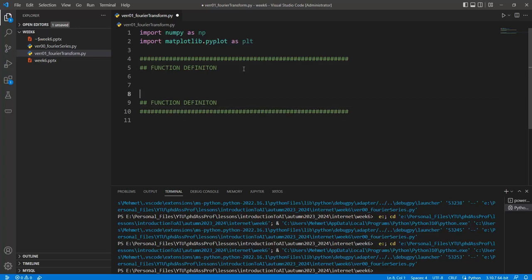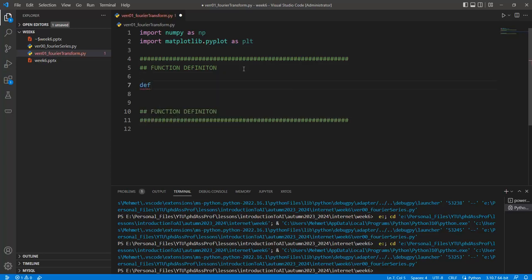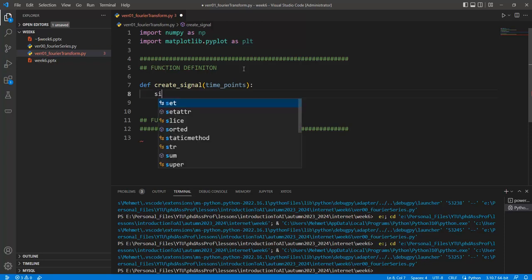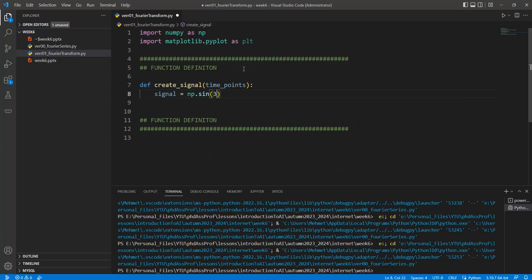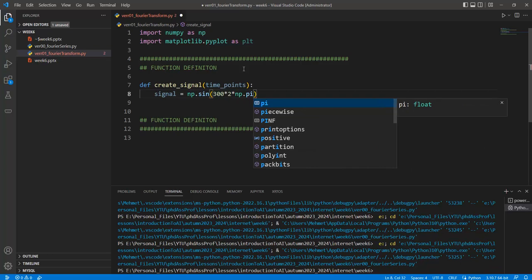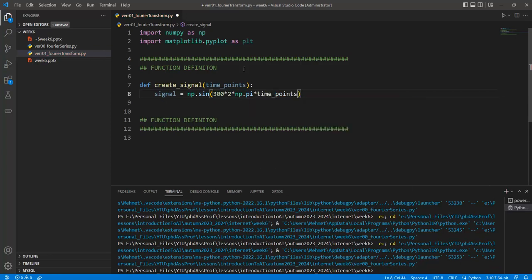Okay, and so def create signal, time points must be given in here, and so this signal can be created with the two values of sine and cosine, 300 times 2 times np.pi times time points. I selected 300 because the Fourier transform generates this value as 1.